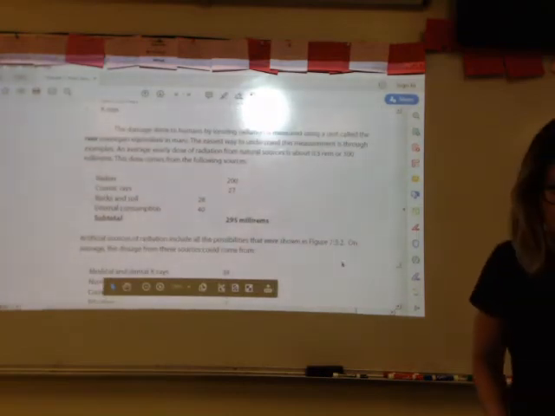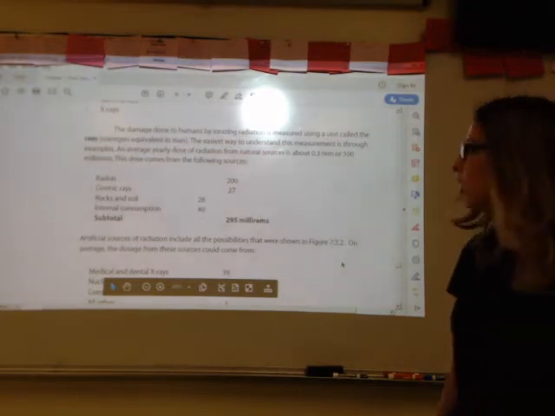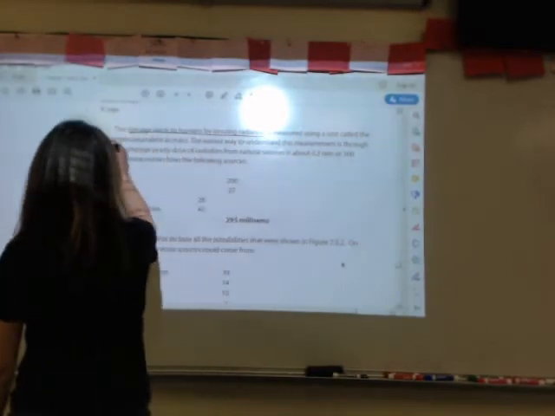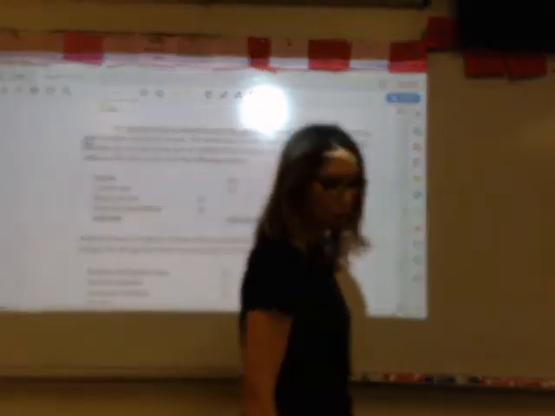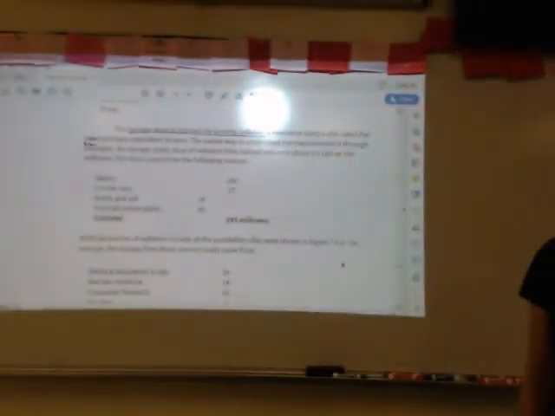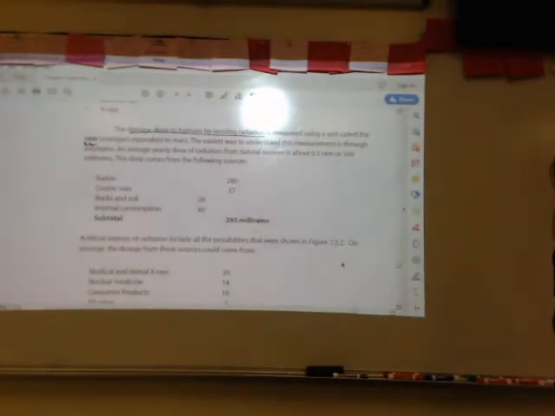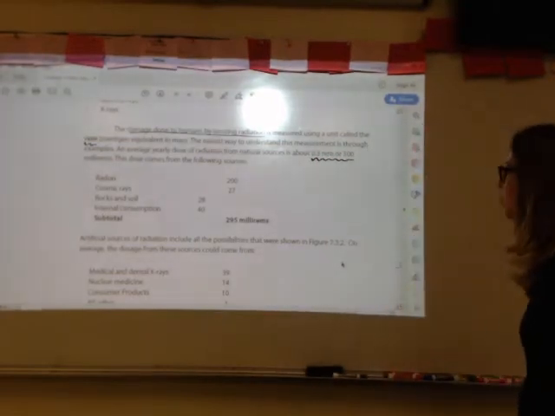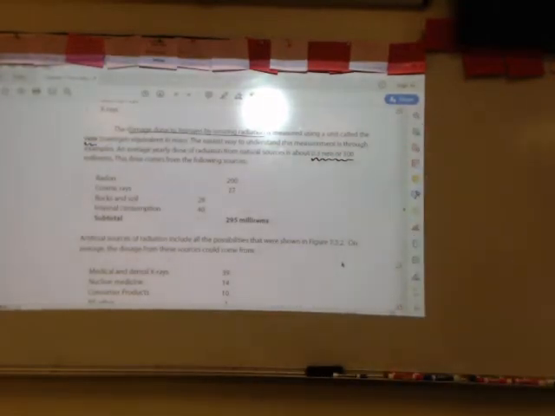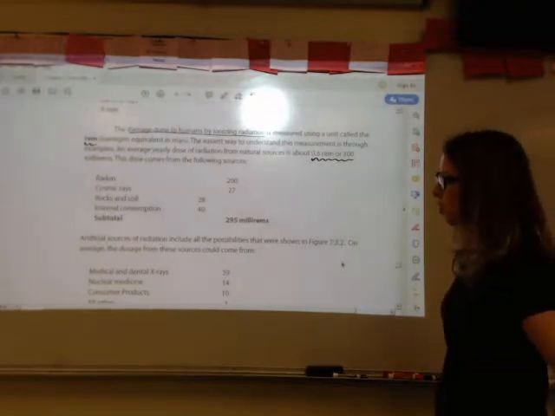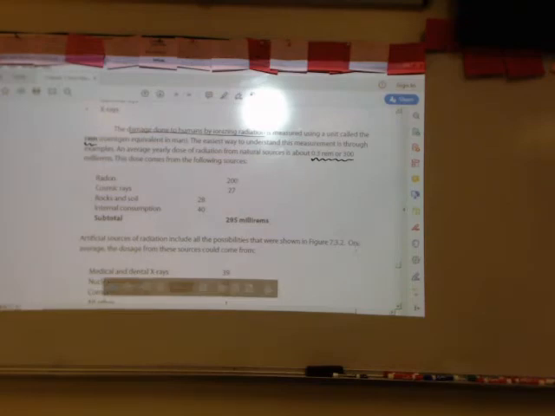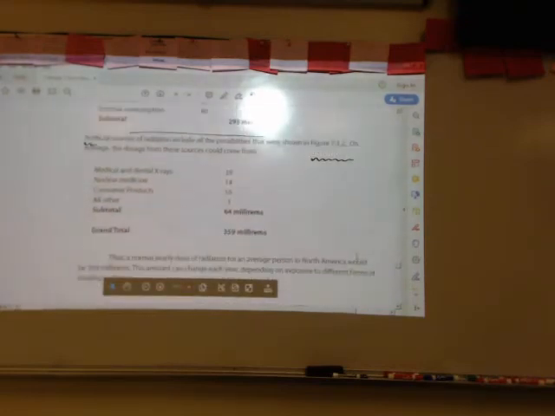If we're talking about the damage that's done to humans by ionizing radiation, we measure it with a unit called the rem. An average yearly dose of radiation from natural sources is about 0.3 rems, or 300 millirems. That dose comes from radon, cosmic rays, rocks and soil, or something that you consumed.